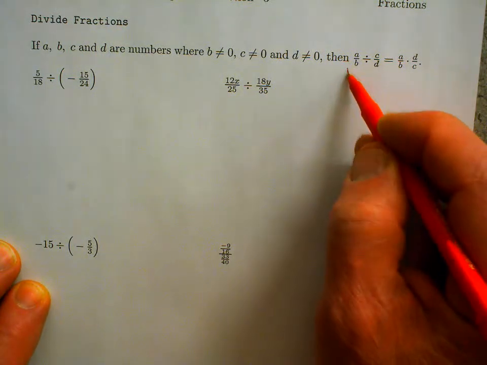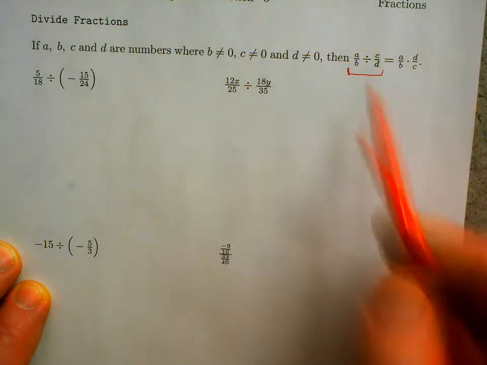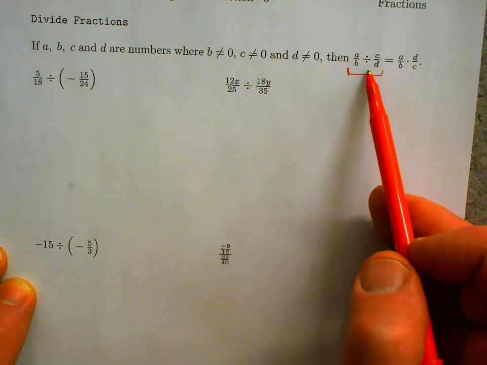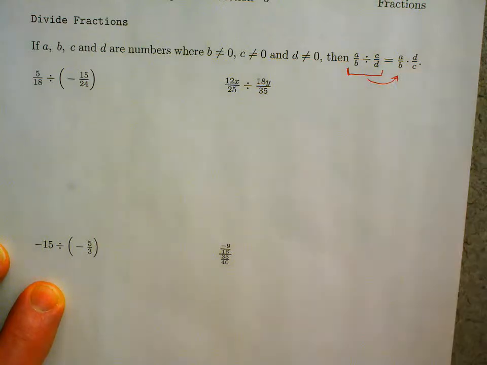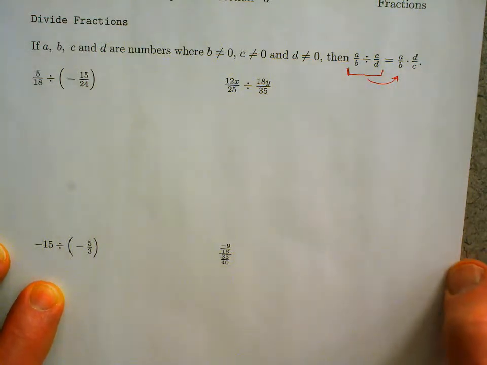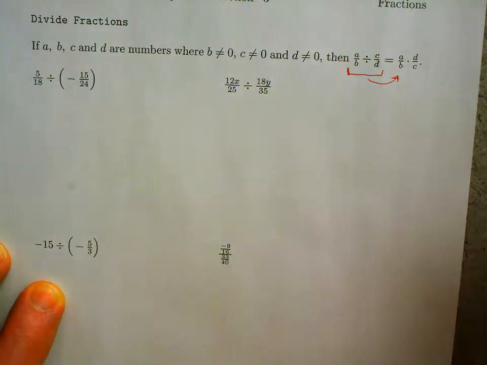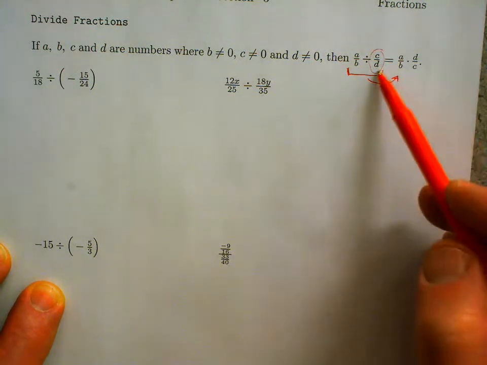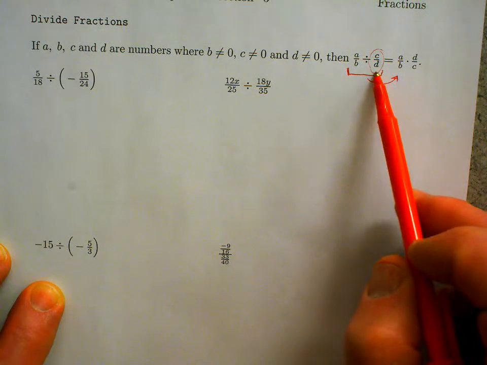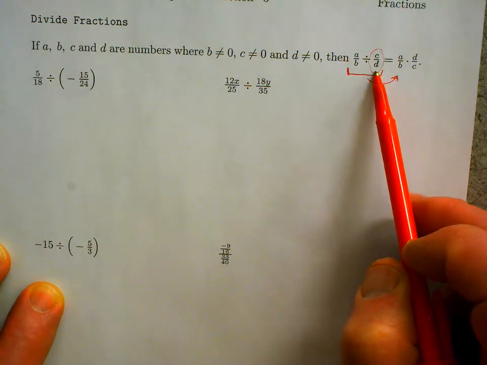So this is indicating that every time you divide one fraction by another, you can convert it to multiplication of two fractions by reciprocating the divisor. The divisor is C over D. It's called the divisor because that's what we're dividing by.